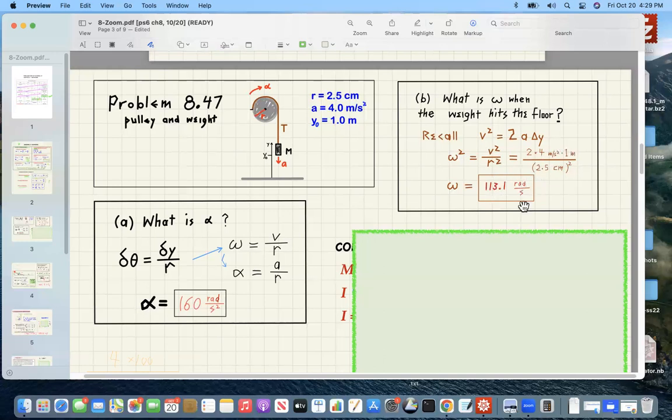You'll have a unit of radians per second. Here you have 1 over second squared. You actually have meters squared over meters squared, that's radians squared divided by second squared. When you take the square root, you'll have radians per second.